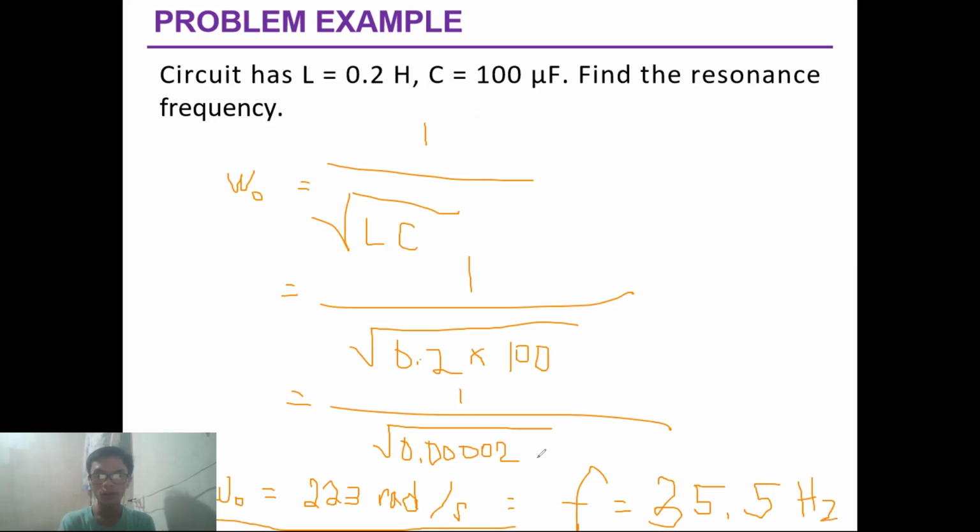Therefore, the resonance frequency based on the given values is equal to 35.5 Hertz. So why is resonance important in tuning radios?